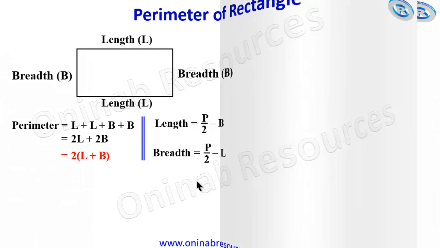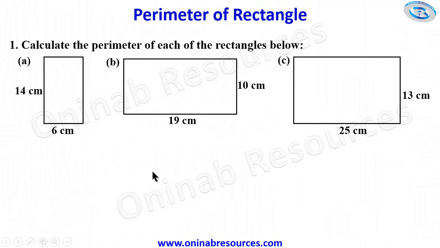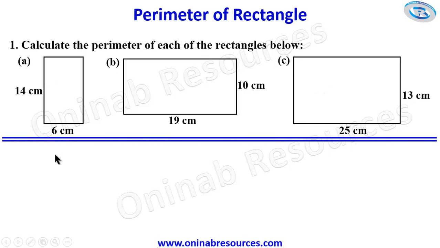So we start with the first problem. Problem 1. Calculate the perimeter of each of the rectangles below. We have A, B, C. We have three rectangles here. Starting with the first rectangle, we are given the length to be 14 centimeters, the breadth to be 6 centimeters.